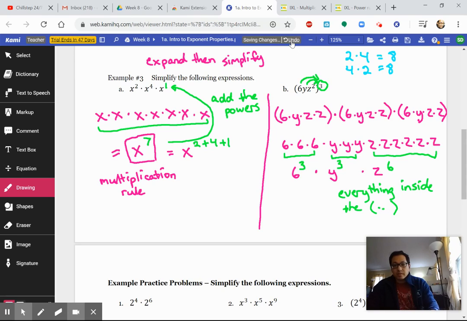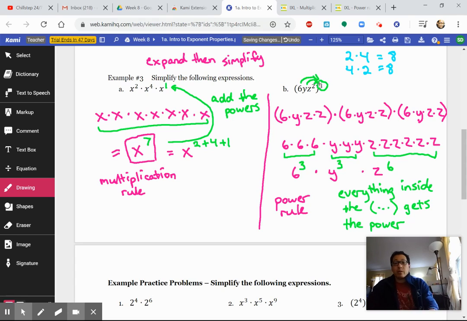Let me just write some dots. Everything inside the parentheses gets the power. This is called the power rule. So that's our second rule.